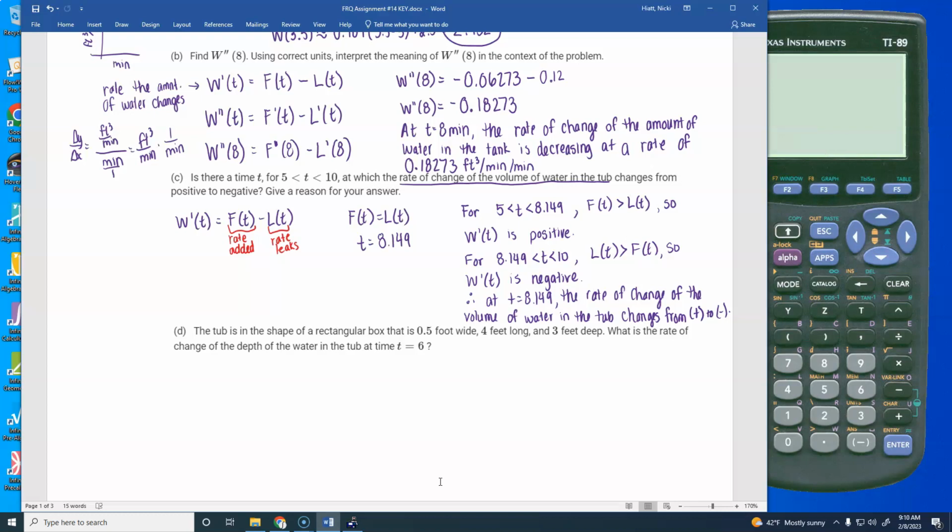So, we have to think about our tank here. And it tells us that it's 0.5 feet wide, 4 feet long, and then 3 feet deep.